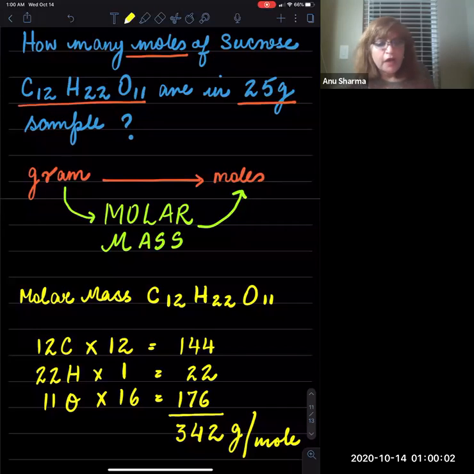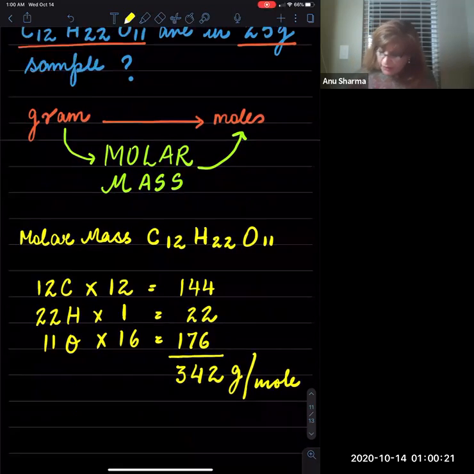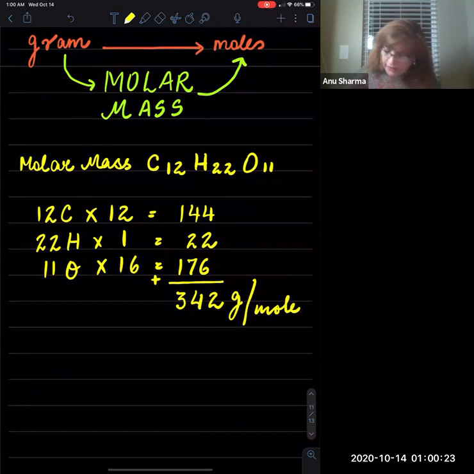Now we calculated the molar mass of sucrose. 12 carbons, each weighing 12, is 144 grams; 22 hydrogens, each weighing 1, is 22 grams; 11 atoms of oxygen, each weighing 16, is 176 grams. Added together, you get 342 grams per mole.